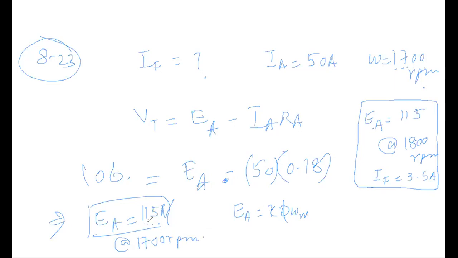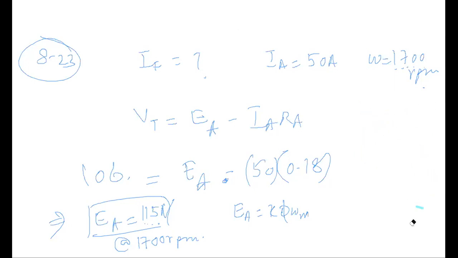So now we want to check what would be the EA at 1800 RPM. So this is not right. Now we want to check because this is not for 1800 RPM, so we cannot read it from the graph. So you realize my mistake? I cannot read it from the graph because the graph is for 1800 RPM. I cannot read off IF because most of you would have done the same thing.